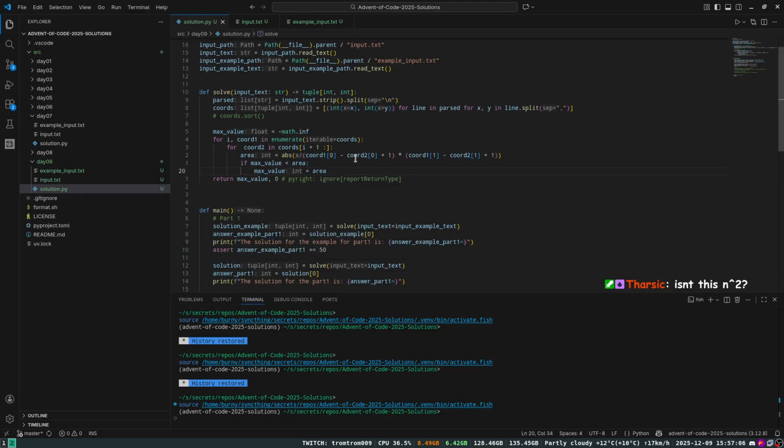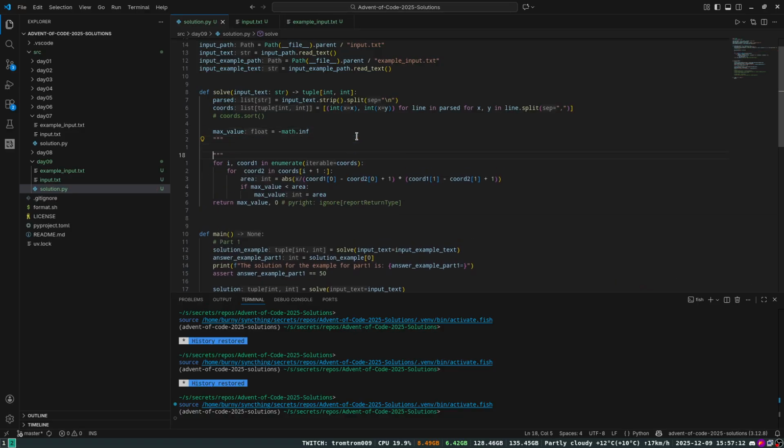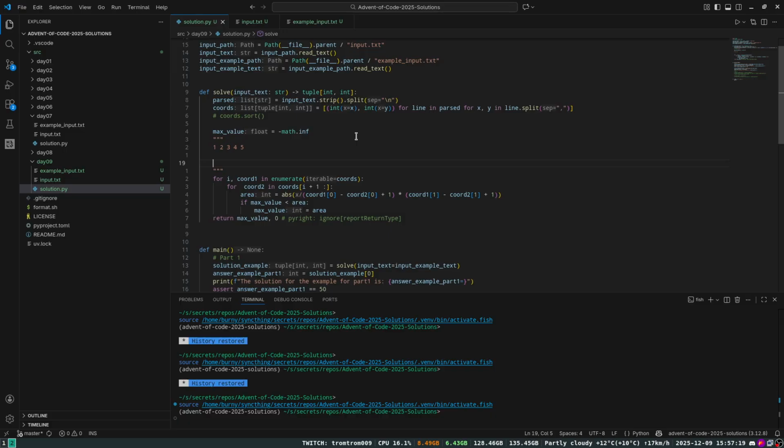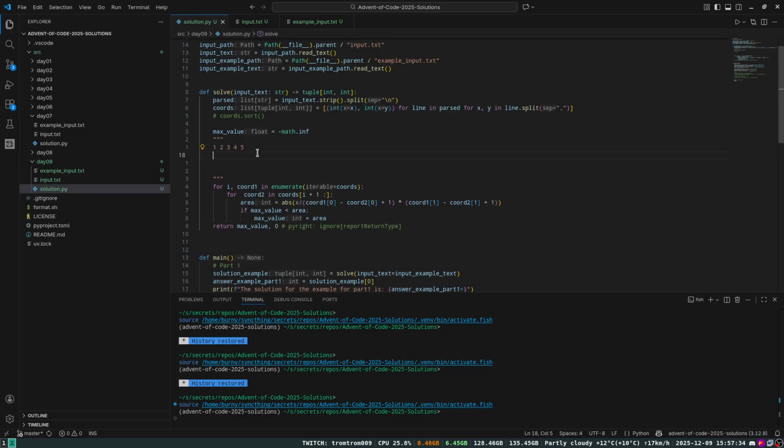N squared. Well, because in this example I have a list of 5, right? Then this outer loop is going to go through all of them, but the inner loop starts with i plus 1, so if the outer loop is starting here, then the inner loop is going to be this, right?